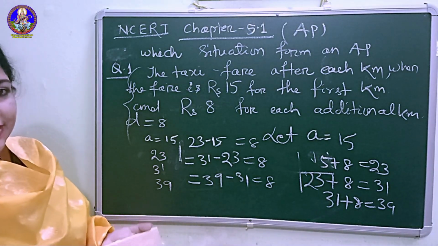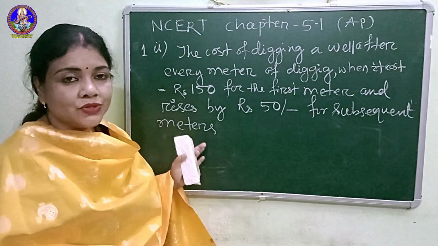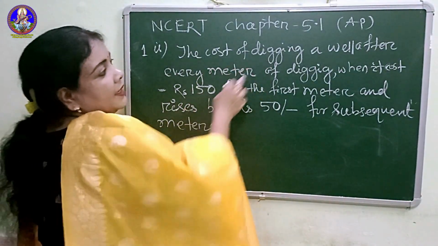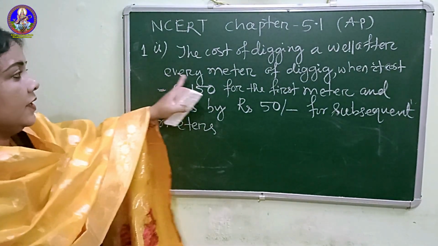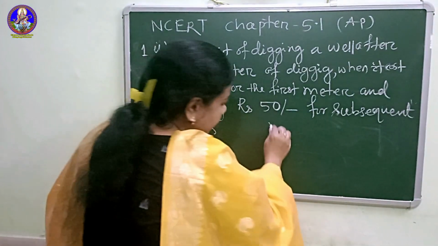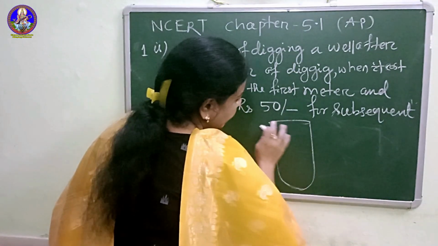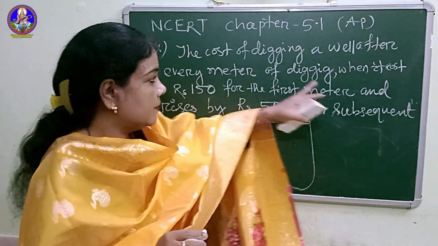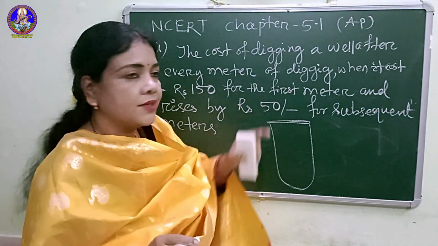Now let us discuss another problem. Now let us discuss the second question here in your chapter 5.1. The cost of digging a well. After every meter of digging, it costs rupees 150 for the first meter.